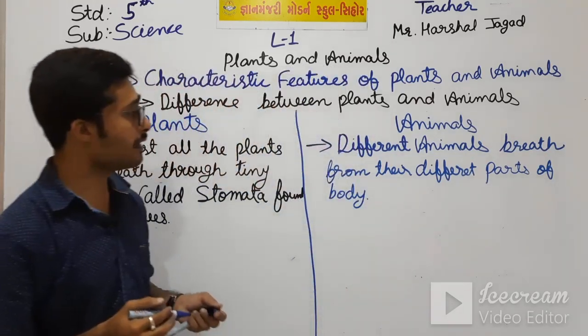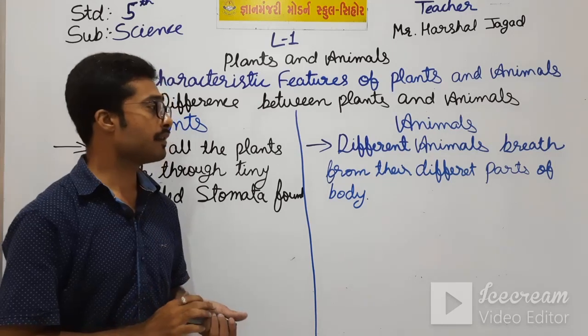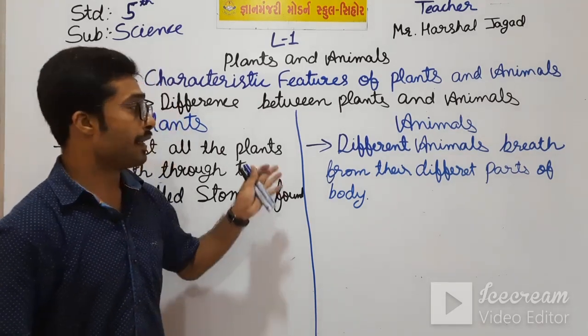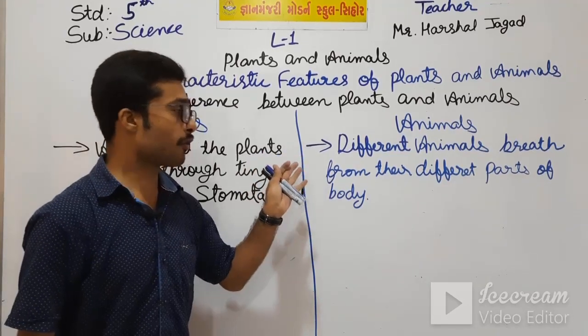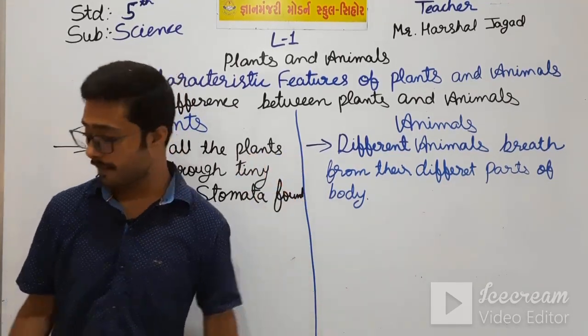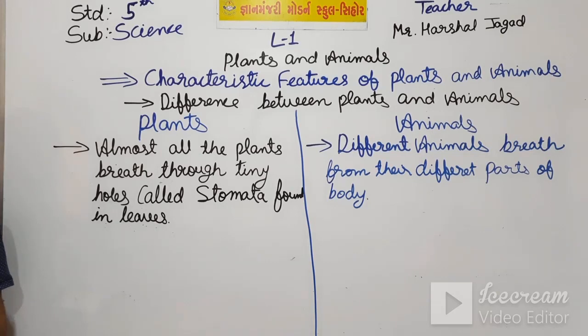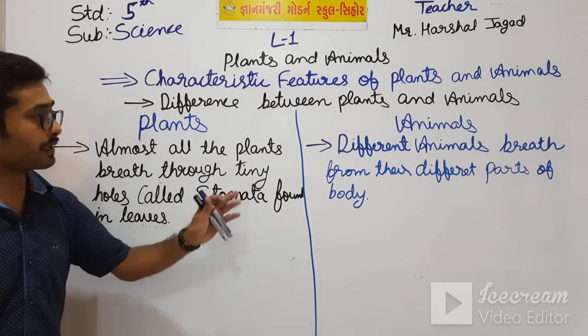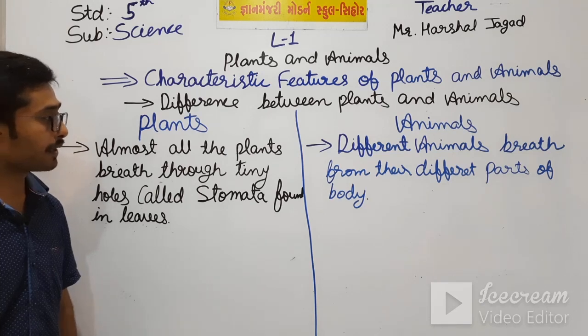So, in the animals, they breathe from their parts, and different animals breathe from their different parts, such as nose, lungs, and so on, the parts from which they breathe.